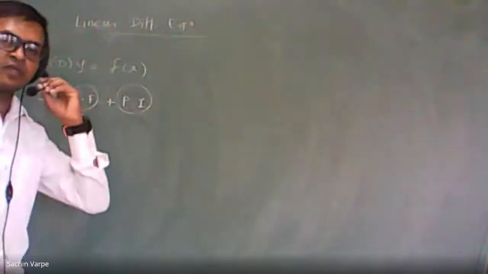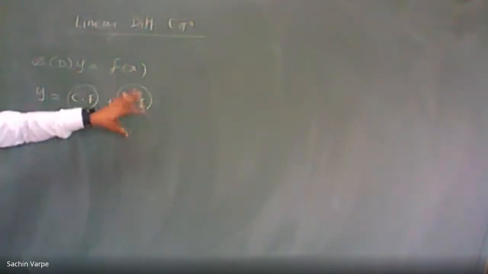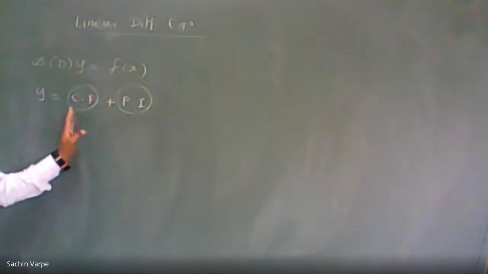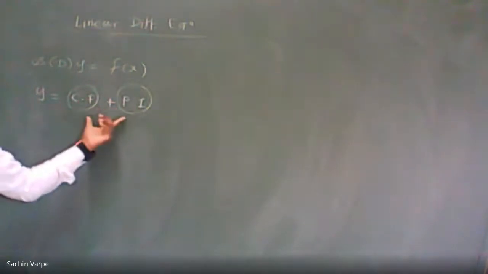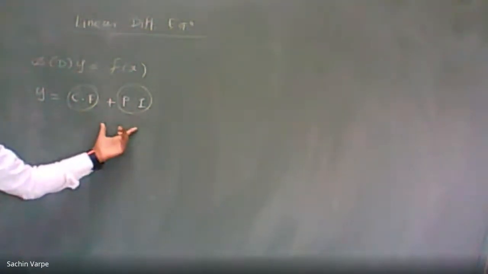The complementary function is very important. Though the particular integral has more weightage than complementary function, there are some methods which are completely based on the complementary function only. So we should know how to get the complementary function.